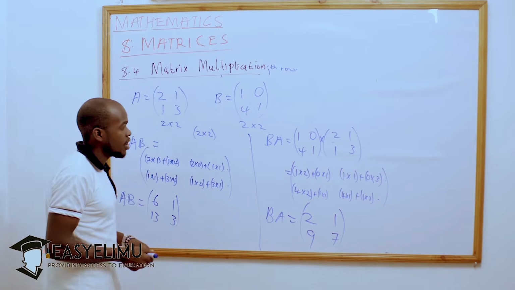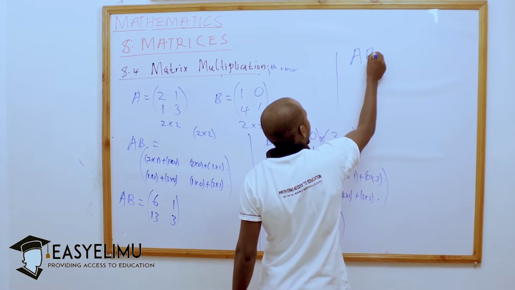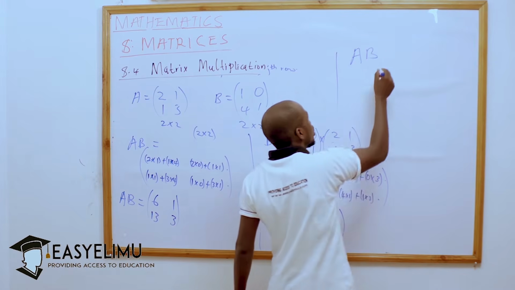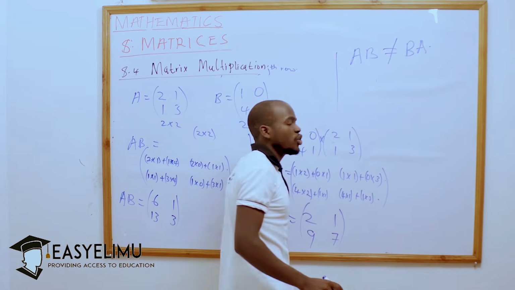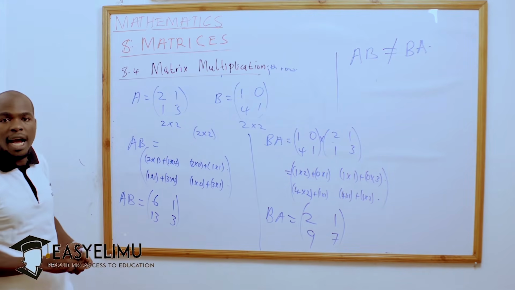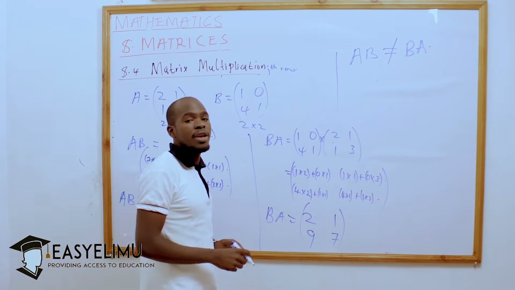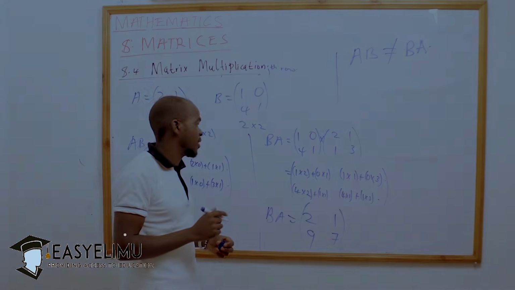So we can conclude that AB is not equal to BA. Never interchange when working out. Work out as the condition you have been provided with. If it is AB, work out AB. If it is BA, work out BA, and do not interchange.